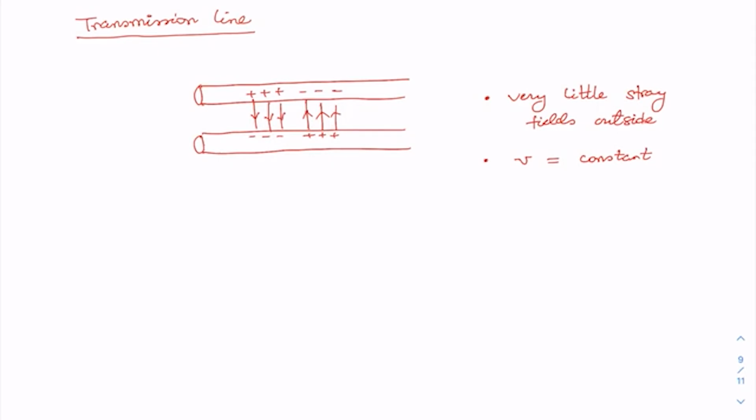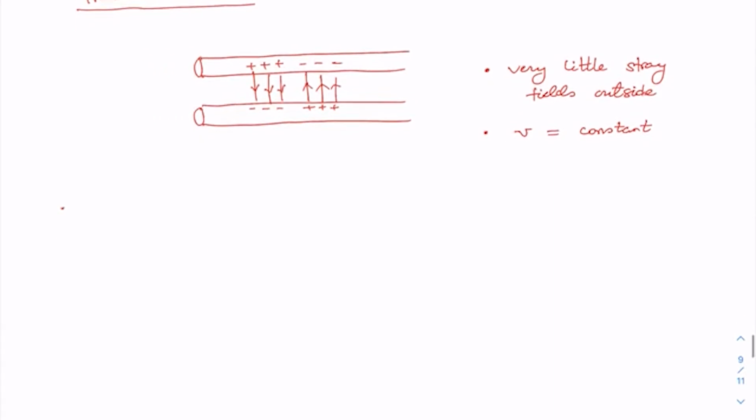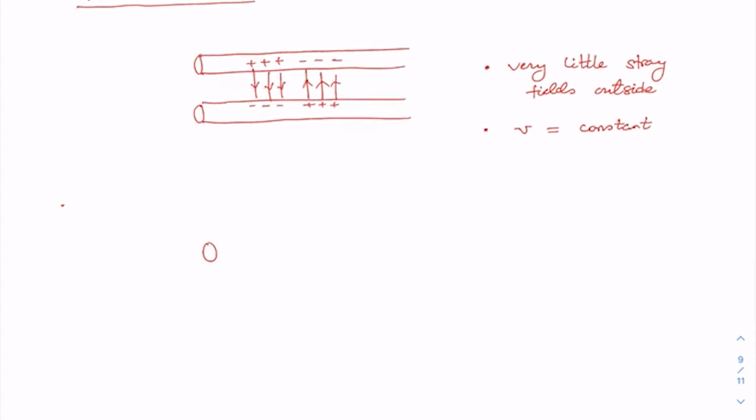Actually, even better if we can use coaxial cables. Say we have one cylindrical wire inside which is surrounded by a larger cylindrical wire outside, like this. So this is the small cylindrical wire inside, and the other one is the bigger one, and in this case there would actually be no field at all outside.